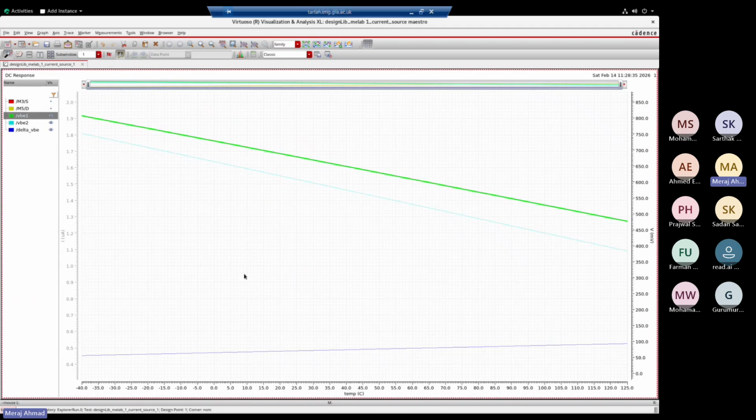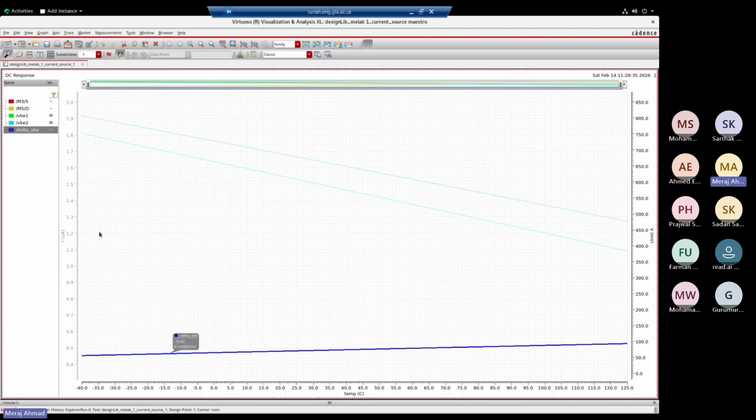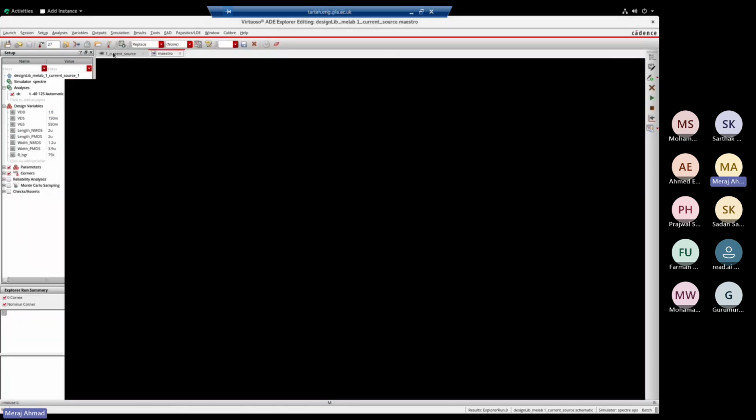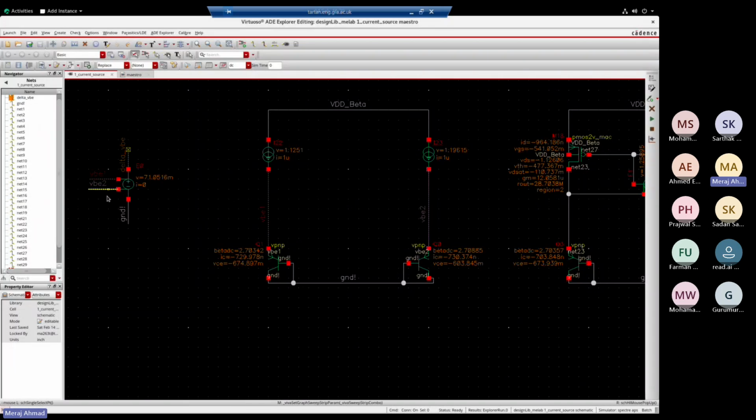As you increase the temperature, your value is going down. And this is delta VBE, which is just the difference: the same current injected, but one area is n times more than the other.